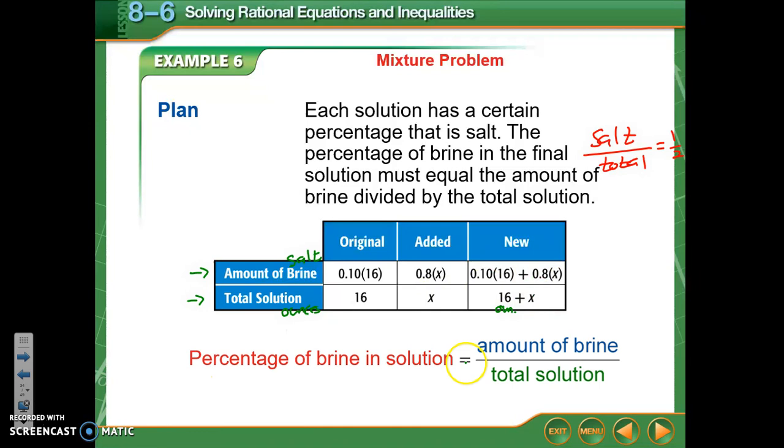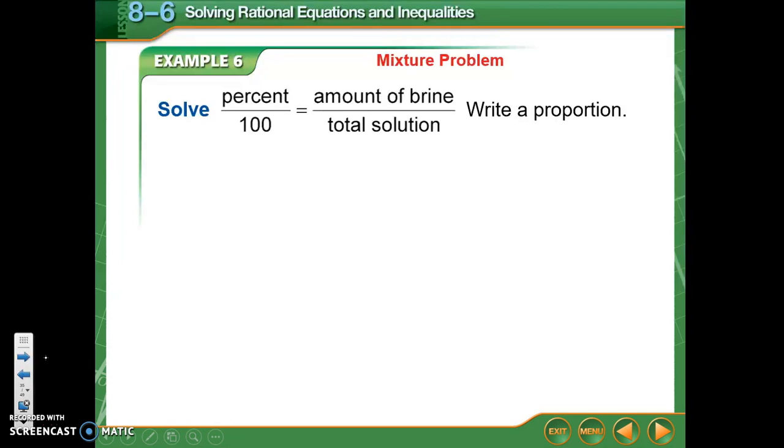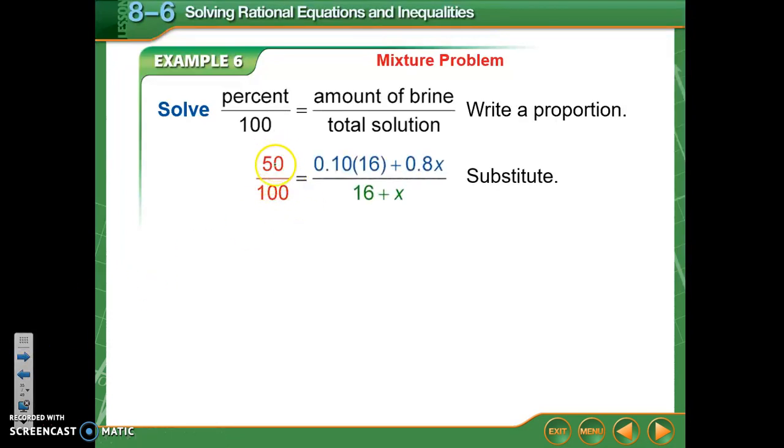So remember, the percentage of brine is the amount of brine over the total solution, 16 plus x. And I need that to equal 50%, right? So I need 50 over 100 to equal my amount of brine, 10% of 16 plus 80% of however much I add, over the total amount of solution.